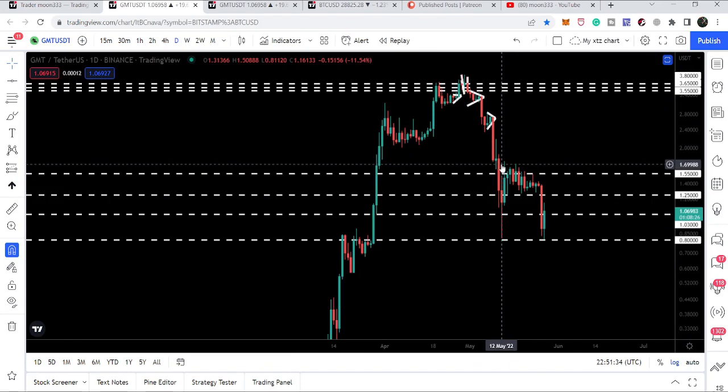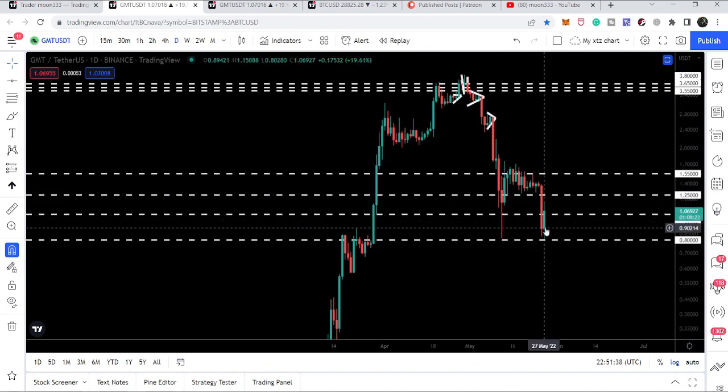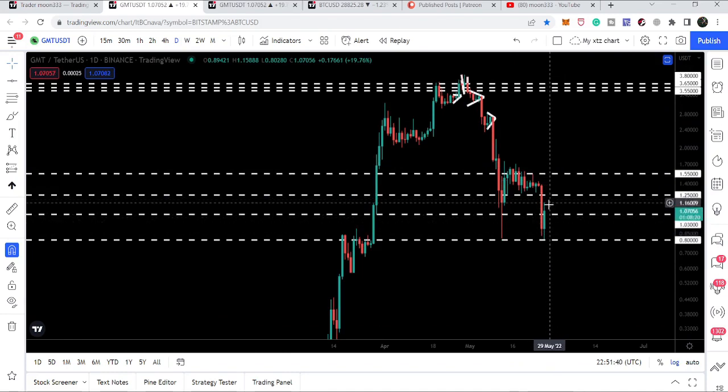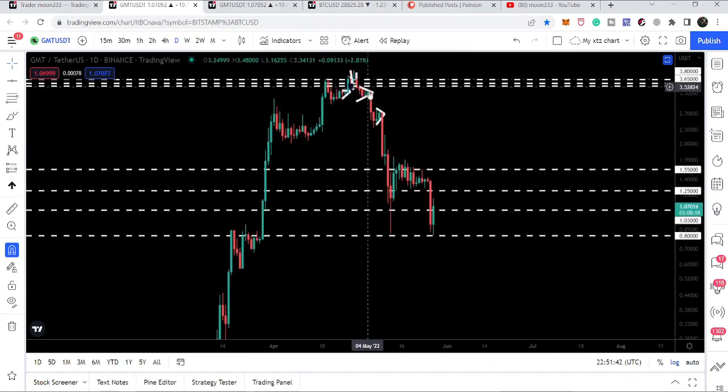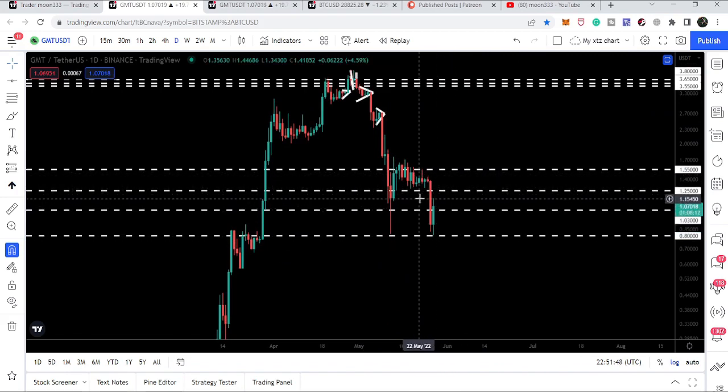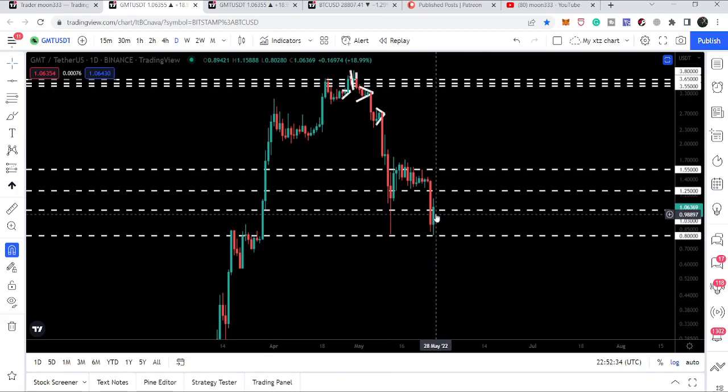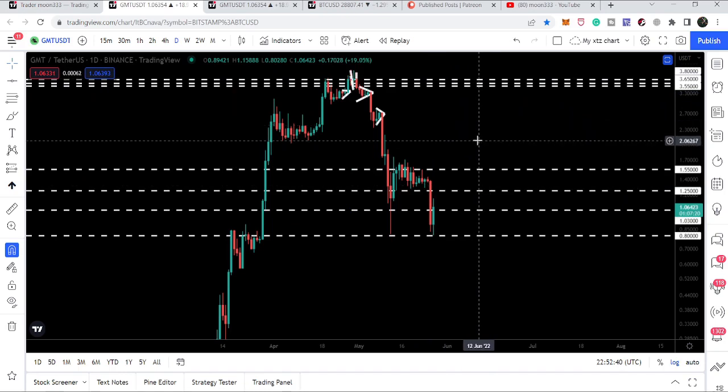It just seems to be forming a double bottom, but it can be another confirmation that GMT has formed a double bottom, and after the formation of this double bottom, which is a very powerful bullish reversal signal, GMT can soon break out all these resistance levels and move back up to this resistance to make another attempt to break it out.